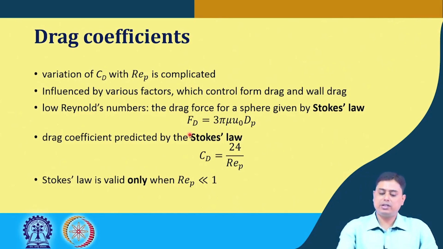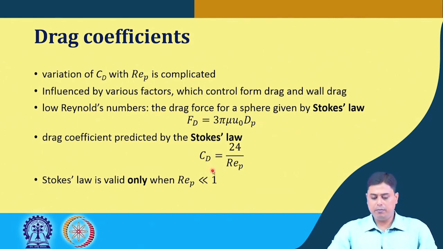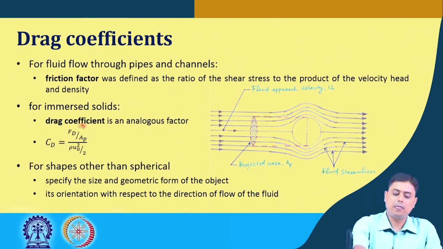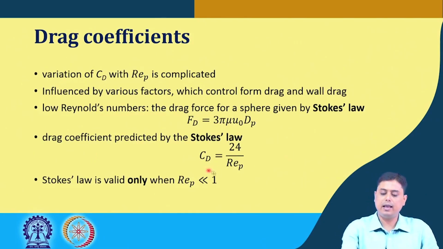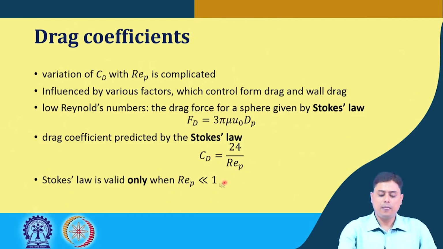Now by this relation and the previous definition of CD, if we replace this FD value and this AP value for the sphere, we can calculate the CD for a spherical particle. Stokes' law gives the CD value for a spherical particle as 24 by REP. The condition of validity of Stokes' law, you all know, is that the particle Reynolds number is way less than 1.